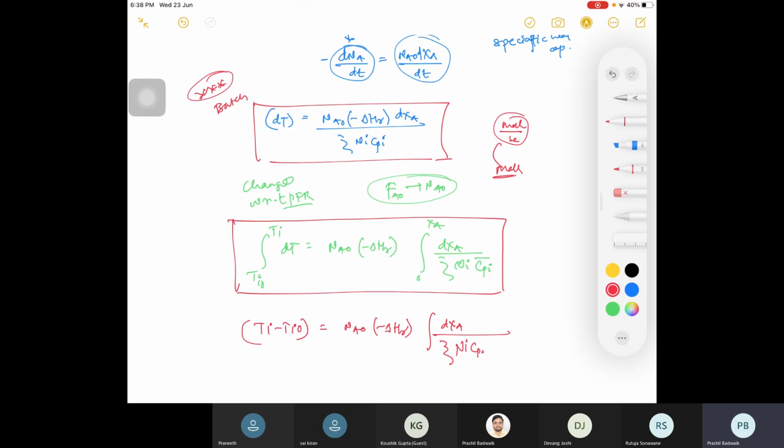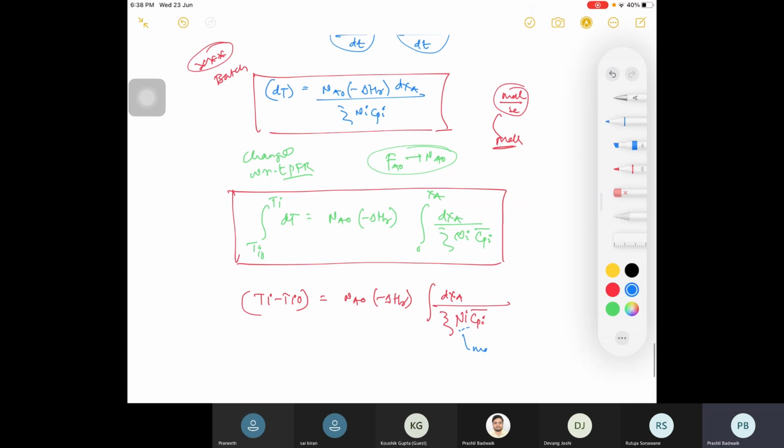So in place of total in, what comes in PFR and batch reactor? Your moles at present. Moles at present. In case of CSTR, it is your initial moles only.